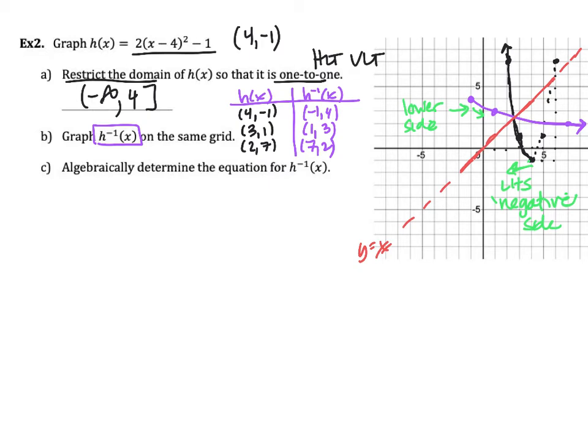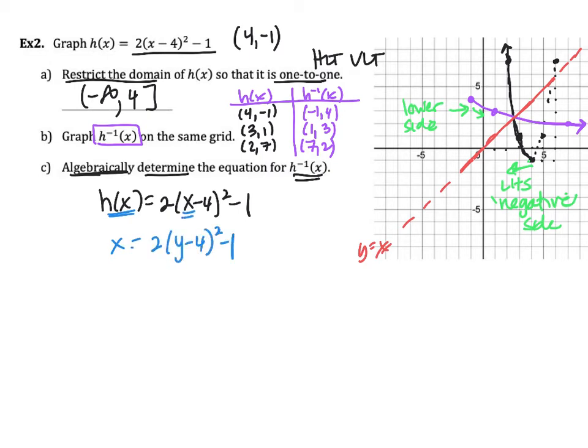Now, if I'm going to algebraically determine the inverse, then I'm going to take the original and switch the x and y. So this y becomes x and this x becomes y. And now I need to resolve for y.